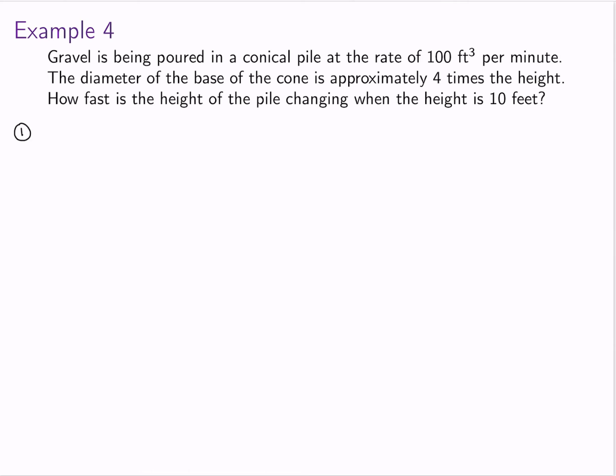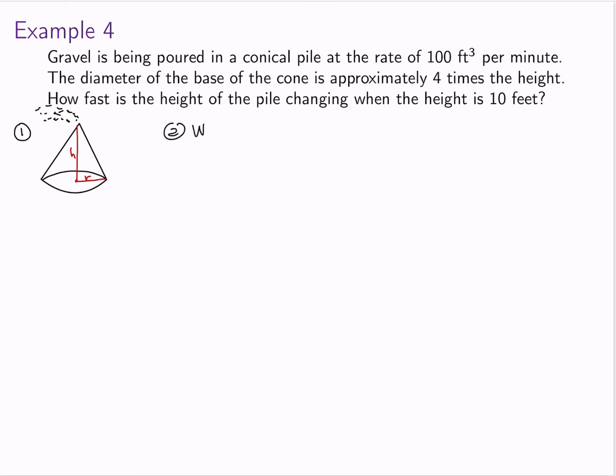So I'm going to draw myself a cone. There we go. So we can think what's happening. Gravel is falling down, and it's going to create this cone. Cones have a height that's important and a radius that is important. So there's sort of our diagram to keep up with things.